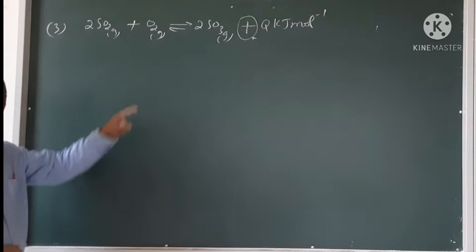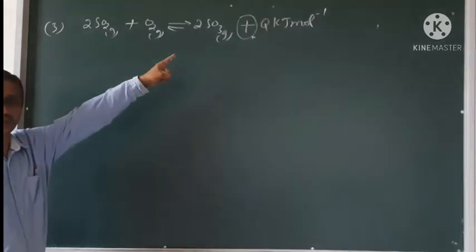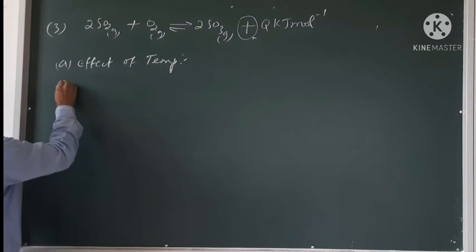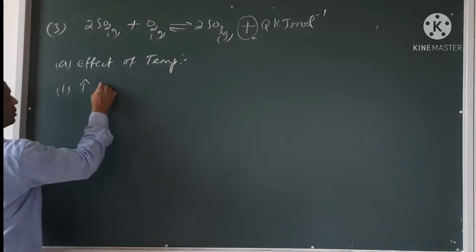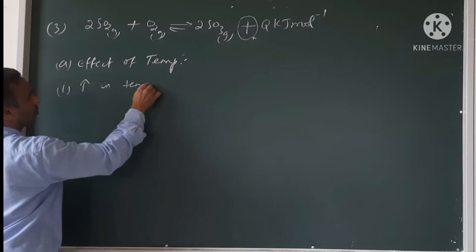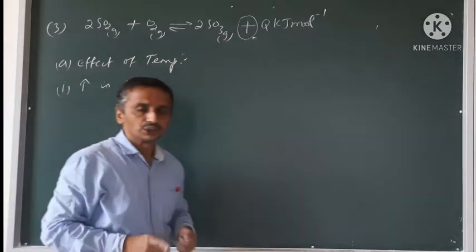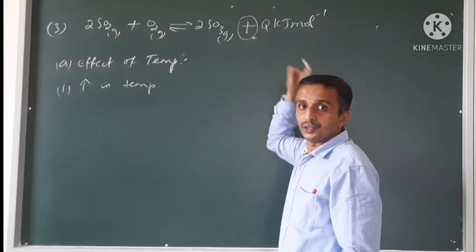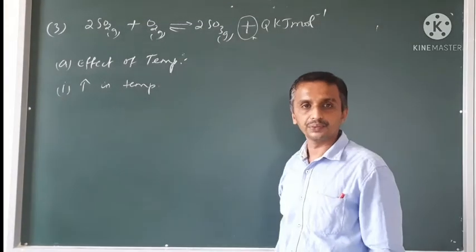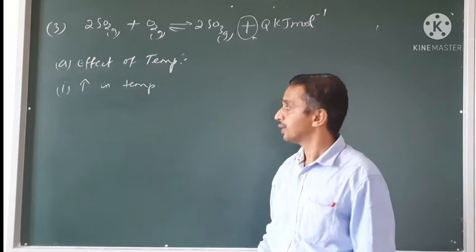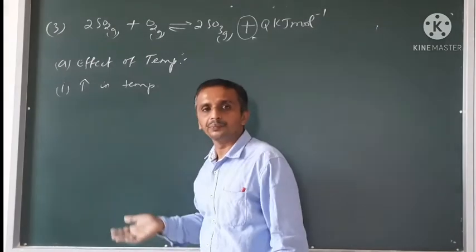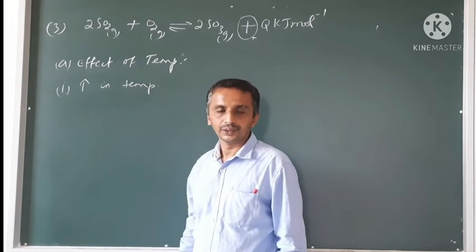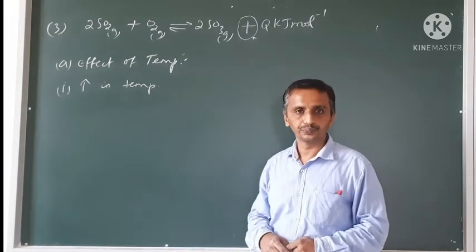Yes, see? This reaction is an exothermic reaction now. So first I discuss the increase in temperature. See, the reaction is exothermic. The reaction is producing the heat. It is giving the heat. And what I do is, I am increasing the temperature by heating. Now, what does the reaction do?